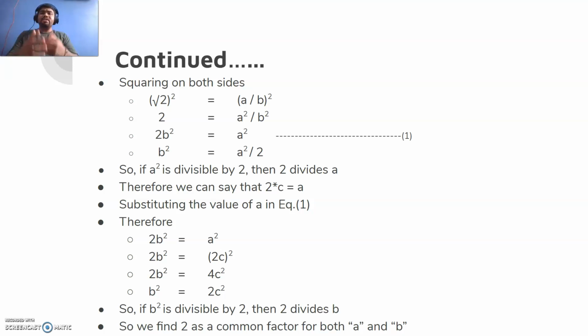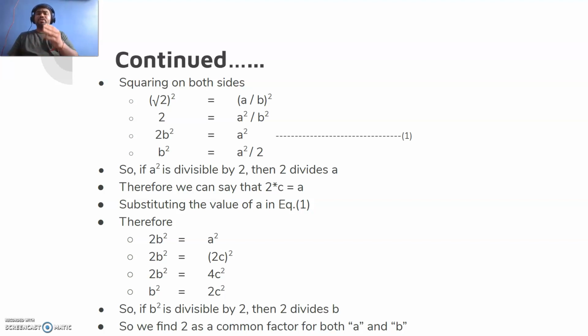Now substituting 2c, which is equal to a, in equation 1. What was equation 1? It was 2b square equal to a square. Now instead of a square, we are having 2c square. If I solve it, it comes like b square equal to 2c square.